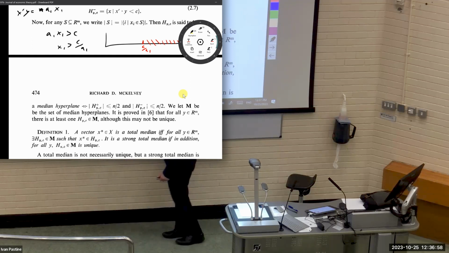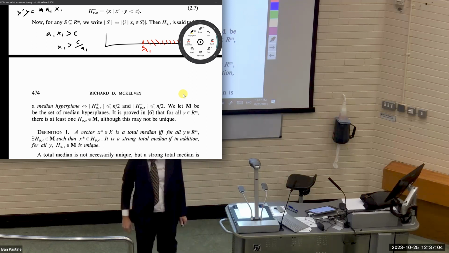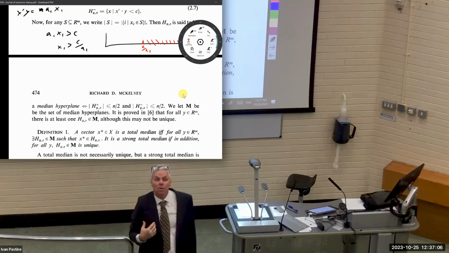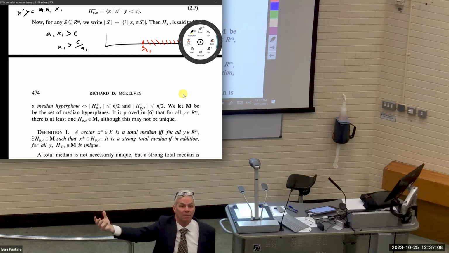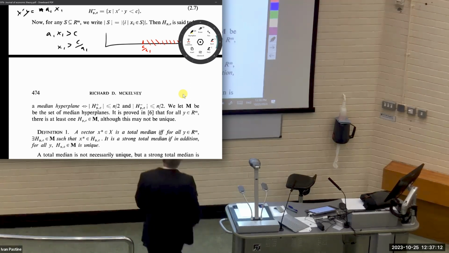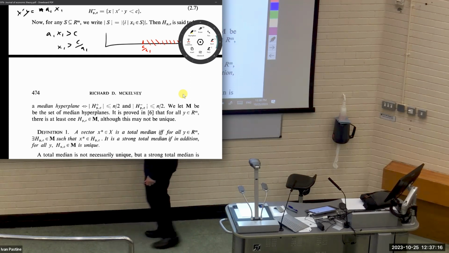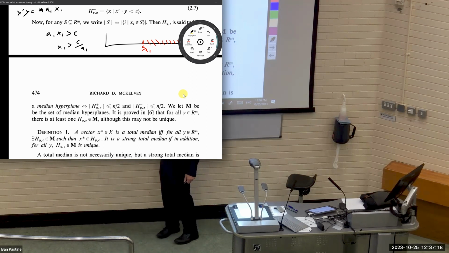And move it so there was half the people below. Sometimes I'm a little more sophisticated and I realize there might be people on the line, and then I would say, okay, let's move it till there's the same number above as there are below, right? And so then we would say that this number would be just equal to that number. So there's the same number above as there is below, and that would be a median hyperplane.